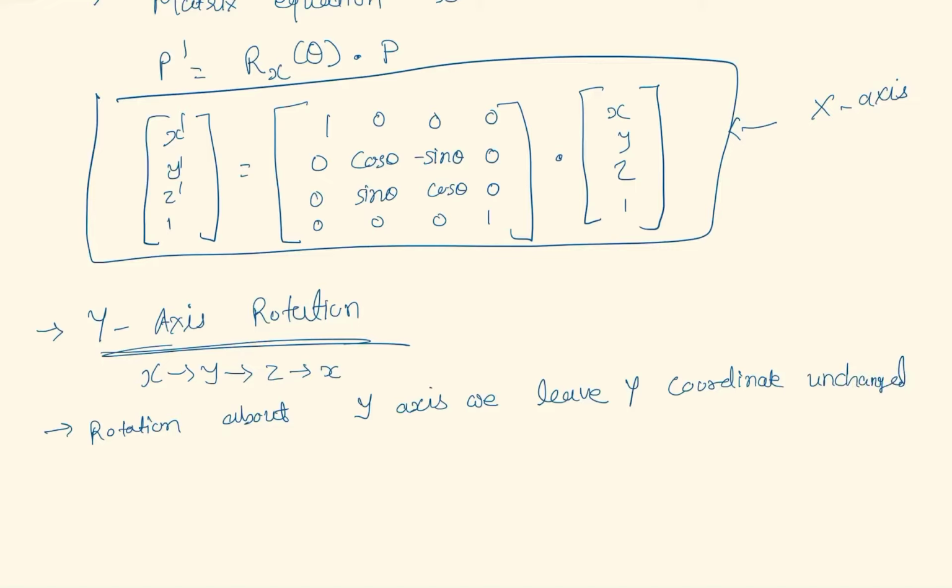So z dash is equal to z cos theta minus x sin theta, and x dash is equal to z sin theta plus x cos theta, right?